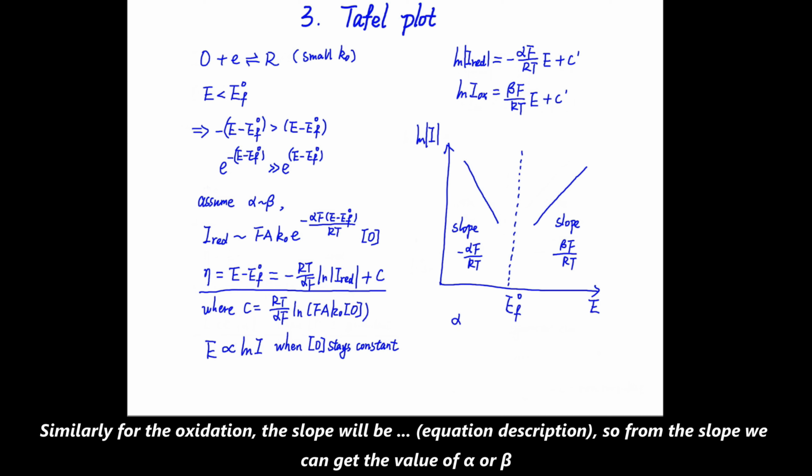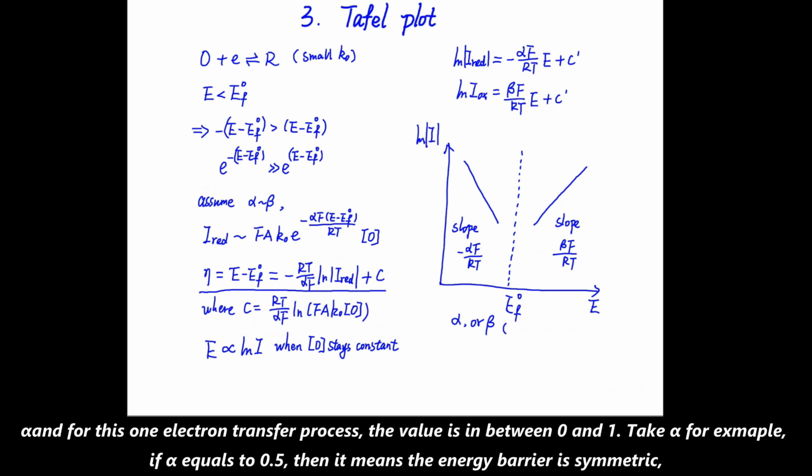So from the slope we can get the value of alpha or beta, and for this one electron transfer process the value is in between 0 and 1. And take alpha for example. If alpha equals 0.5, then it means the energy barrier is symmetric.